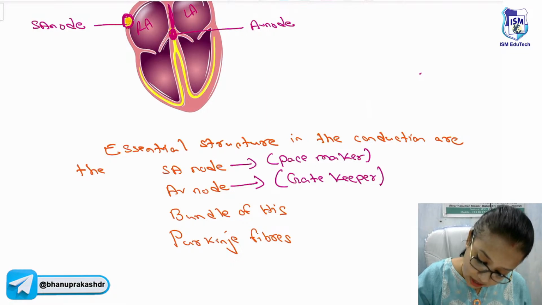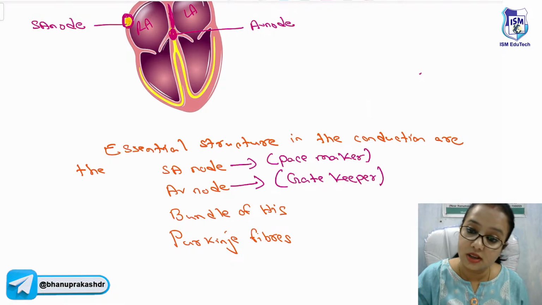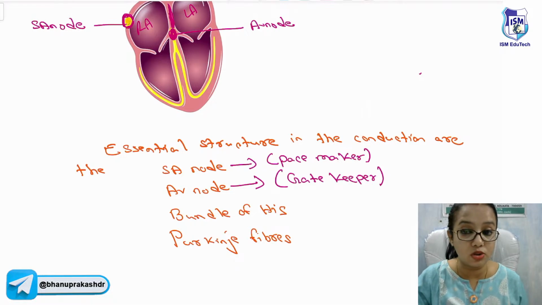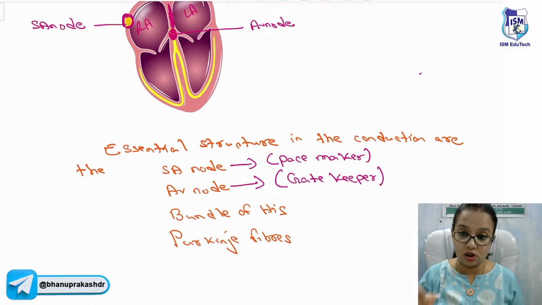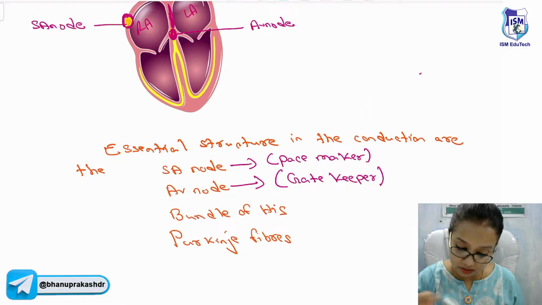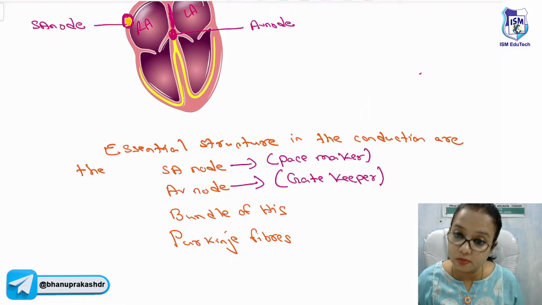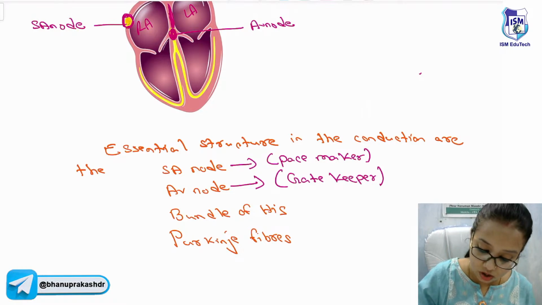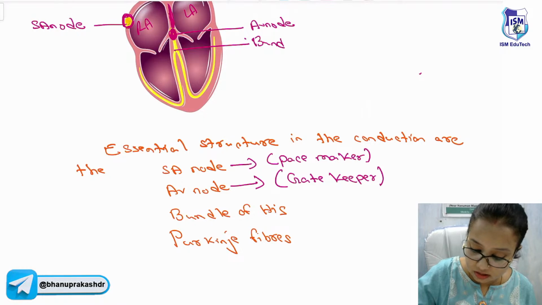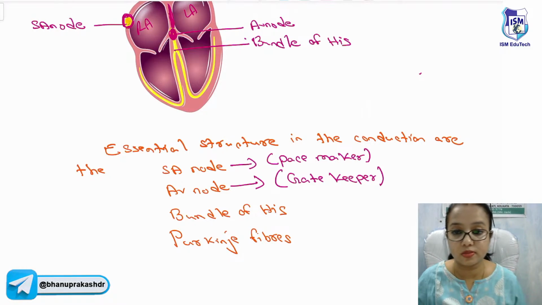Now after this, from the AV node down below along the interventricular region, along the interventricular septum, lies a bunch of fibers which is called the bundle of His. Okay.